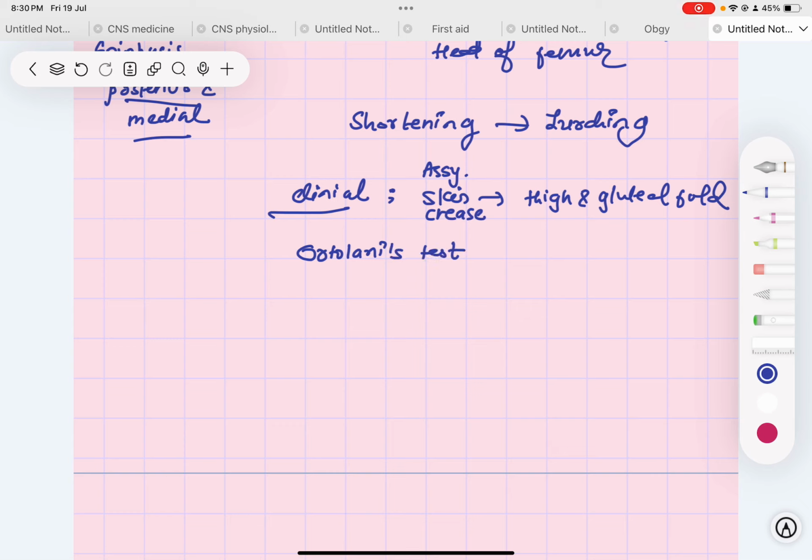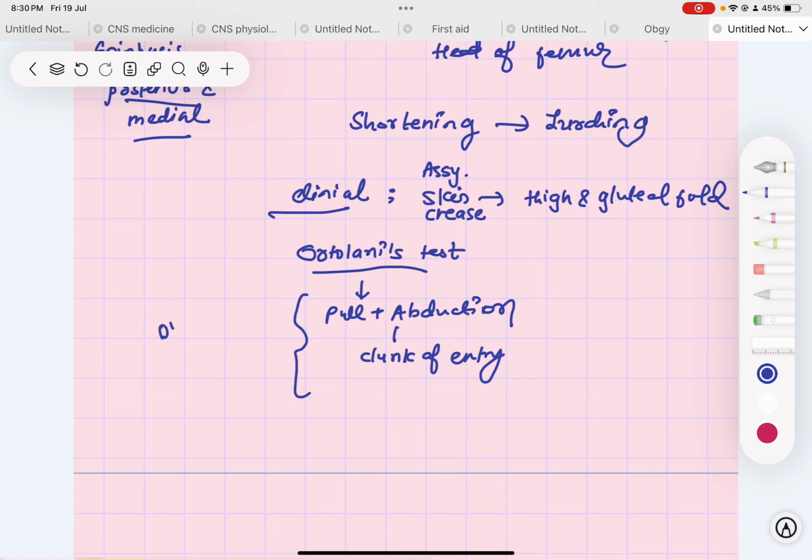Now the Barlow test, in which we are pushing plus adduction.